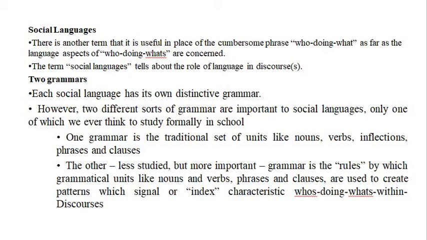All languages like English or French or Urdu are composed of many different social languages. Social languages are what we learn and what we speak. Keep in mind that social languages and discourses are terms for different things. So in this lecture we use the term social languages to talk about the role of language in discourses.